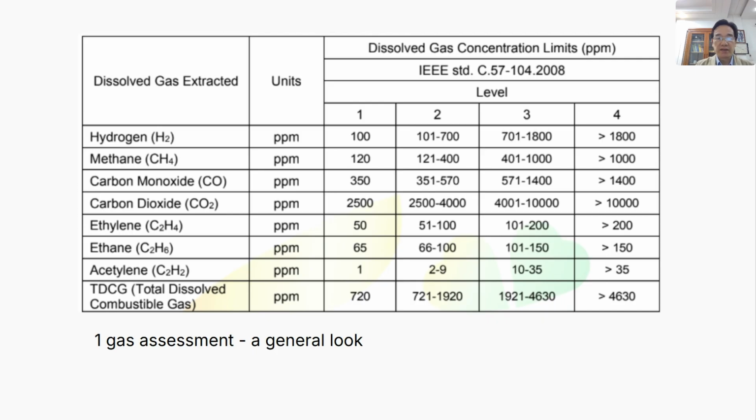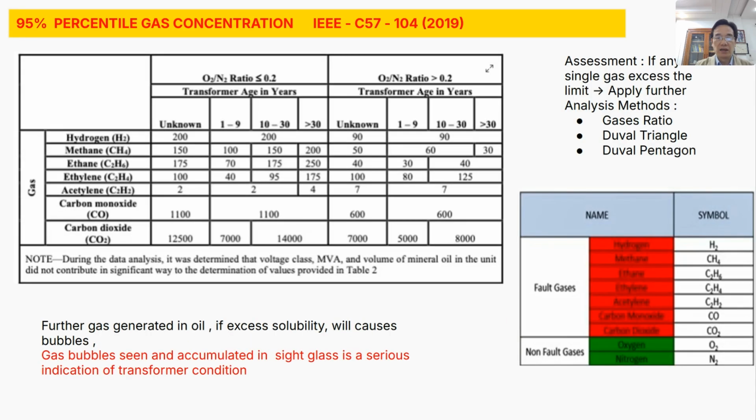However, in the next version of this standard, in 2019, they renovated this table and considered two more factors. These two factors will impact the limit of gas content in oil.